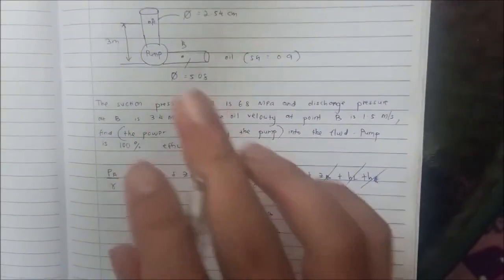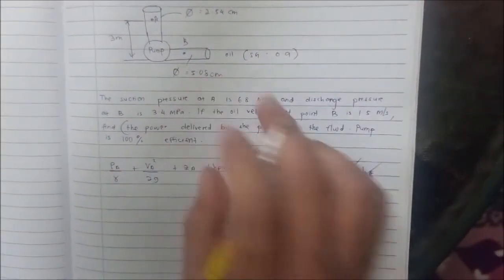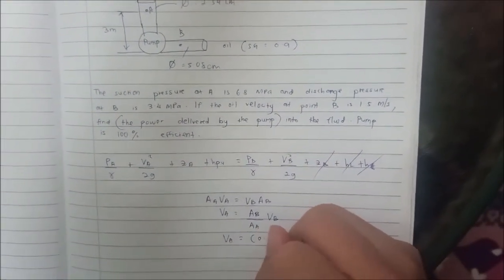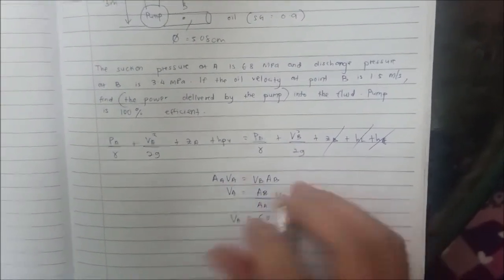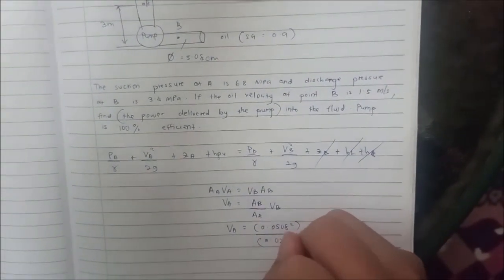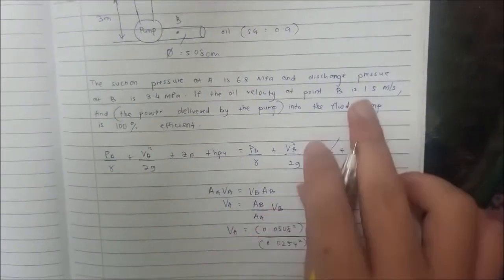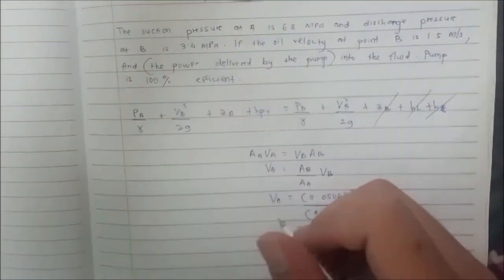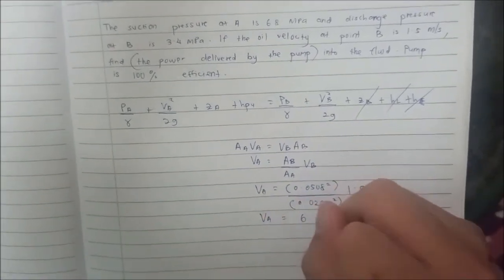The diameter of B is 5.08 cm. We have to change to meter, so it will become 0.0508 squared divided by 0.0254 squared. And then we times with velocity of B, which is 1.5 meter per second. Right now we calculate the VA, and then we get VA equal to 6 meter per second.